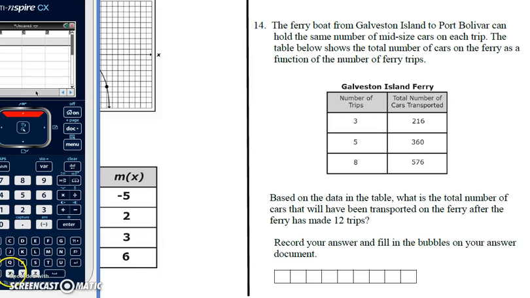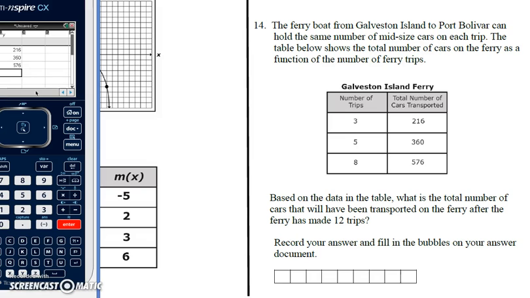So I put my values for X. I put my values for Y. And the reason why I did not put the points is because the points are too big. Okay, so I have 3, I have 5, I have 8. And then I have 216, 360, and 576.